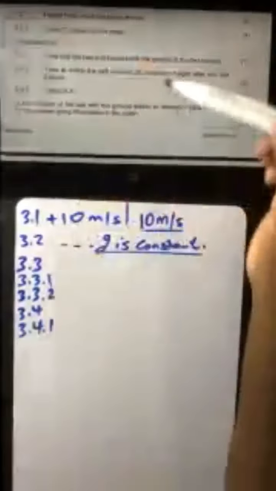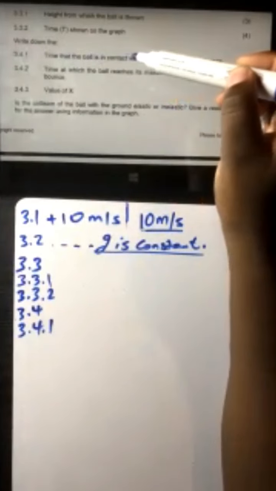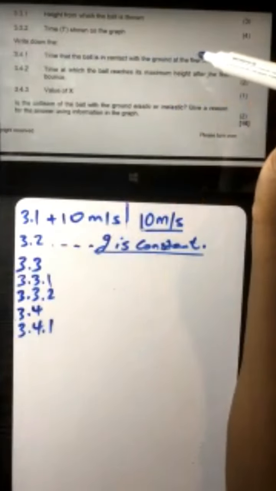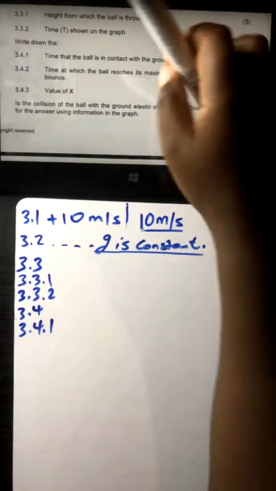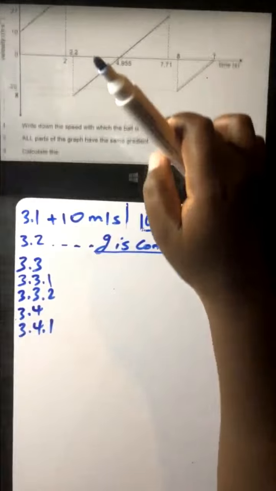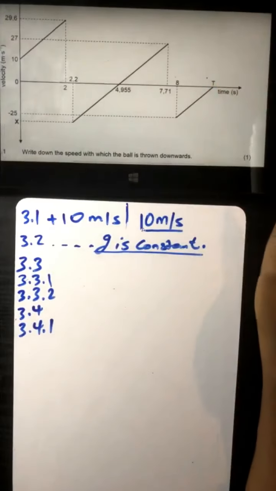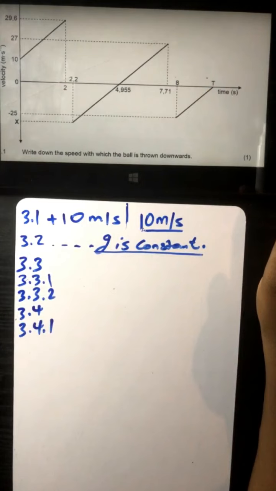So they say write down the 3.4.1 time that the ball is in contact with the ground at the first bounce. This is a tricky question.